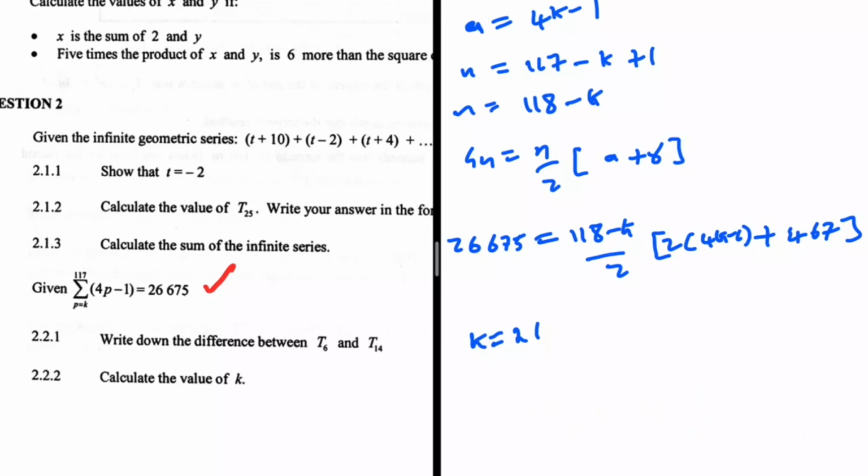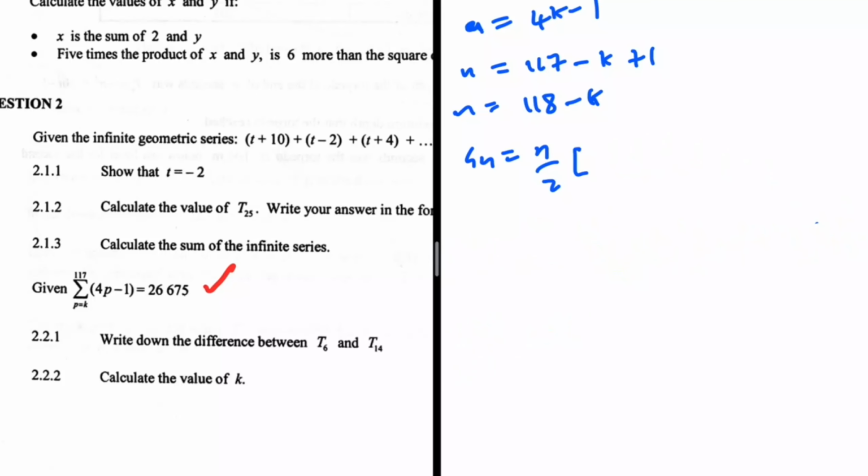I'm mixing concepts here, so let me just use 2a plus (n minus 1) multiplied by d, because I don't have the formula sheet. I do have the question paper next to me, so let me actually check. Okay, on the question paper we have the formula that says 2a plus (n minus 1) multiplied by d. So let me just use that.